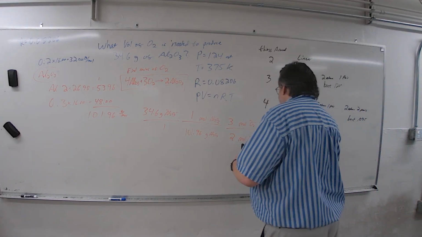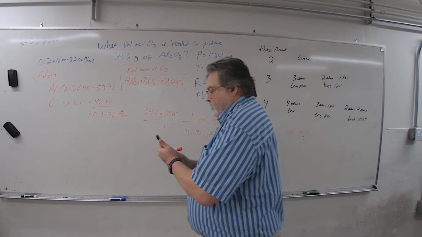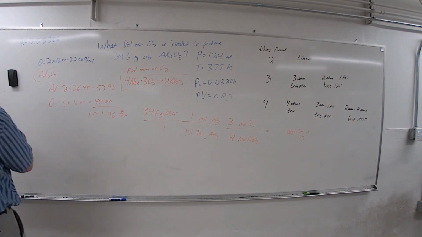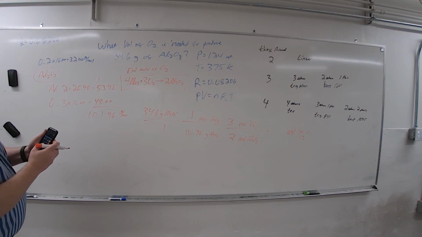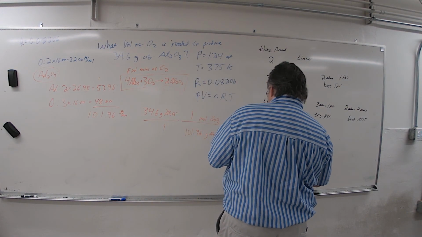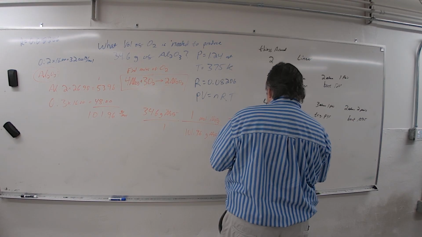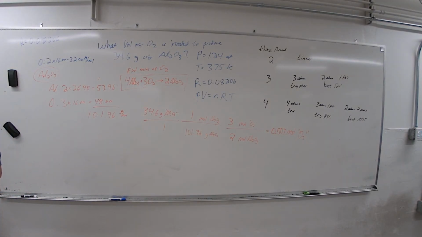So you calculate across here: 34.6 times 3 divided by 101.96 divided by 2. You end up with 0.509 moles of O2. You with me?